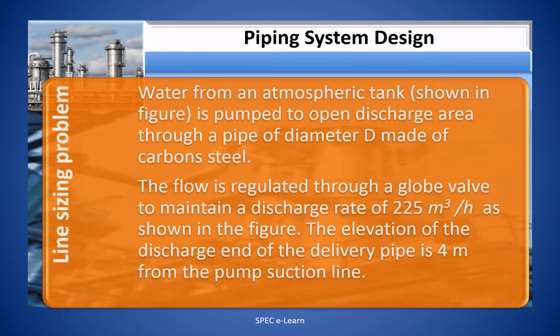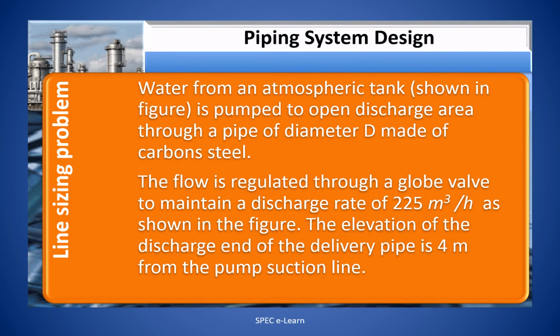Problem statement. Water from an atmospheric tank shown in the figure is pumped to an open discharge area through a pipe of diameter D made of carbon steel. The flow is regulated through a globe valve to maintain a discharge rate of 225 cubic meter per hour as shown in the figure. The elevation of the discharge end of the delivery pipe is 4 meters from the pump suction line.